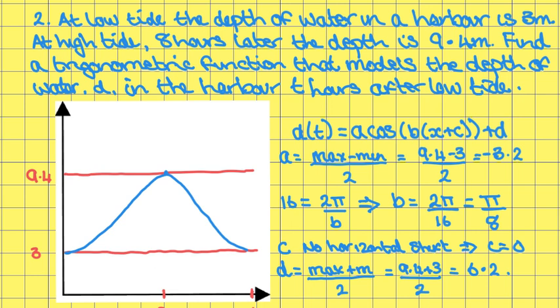We can write down our function for our graph. So our initial function should be written as D with respect to t is equal to A cos B x plus c plus d.